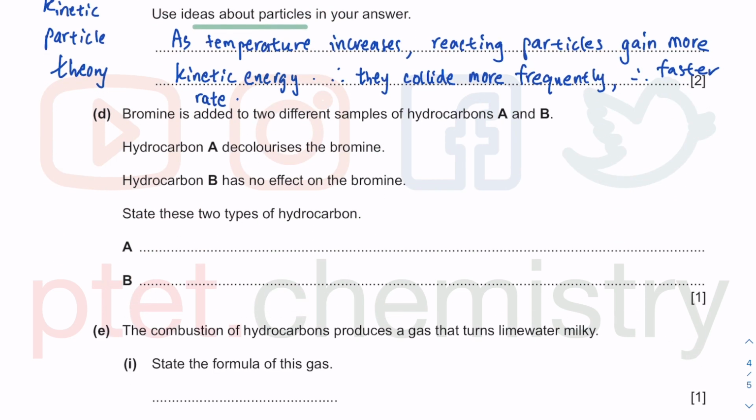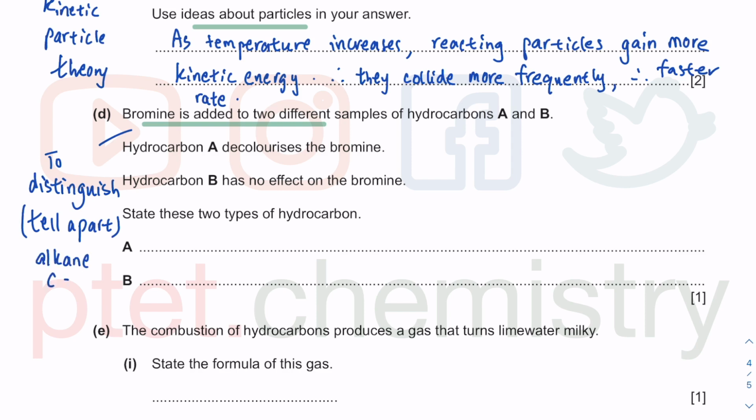Next up, bromine is added to two different samples. So we use bromine to differentiate, to tell apart, to distinguish. It means tell the difference between alkane versus alkene. Because when you have alkene, carbon-carbon double bond, you can decolorize the bromine.